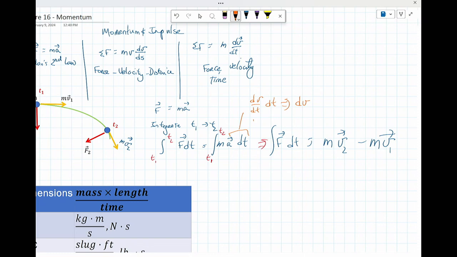From that, you have sort of a nice set of equations that tell you that if you apply a force for a certain amount of time, you'll have a change in velocity. And that change in velocity can be described here. Now, what you will end up doing with this is turning around and defining something called momentum.